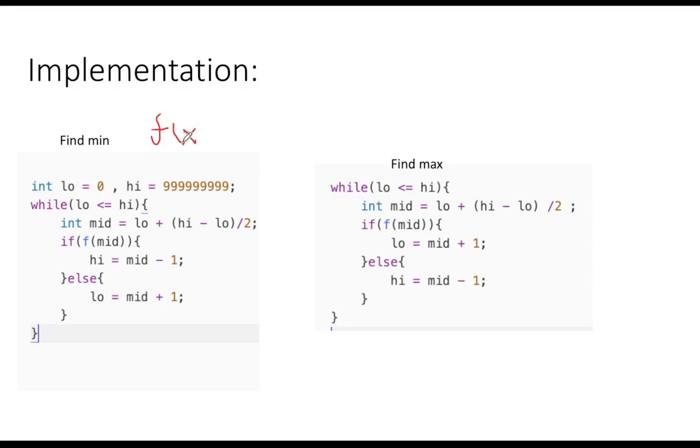The function is different for different problems, and usually you write different functions for different problems. And this one is to find the maximum value such that f of x is true.